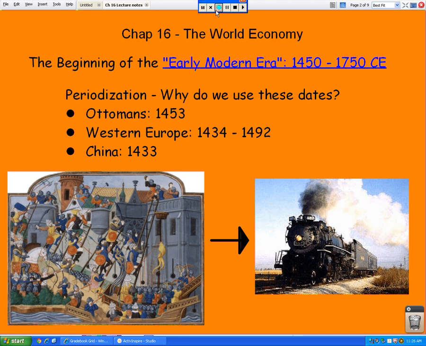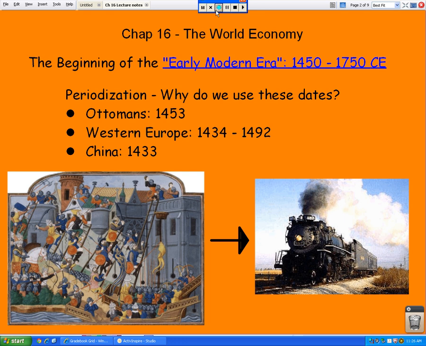Slave trade. Now, have we had slavery before? Yes. But we're going to have a new kind of slave trade now based on race. Some other fun ones to look at: we're going to have the establishment of a new global superpower.